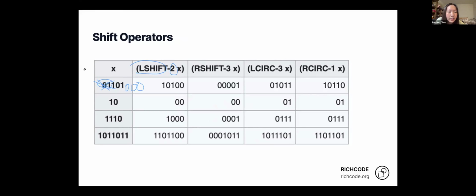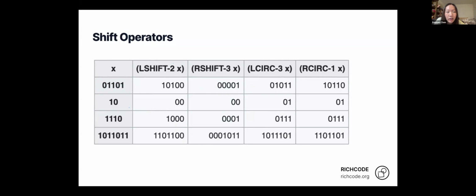And then right shift is the same, but instead we do it with the right binary digits. So for example, here in right shift 3 of 01101, we would take out the right 3 digits and add 3 zeros in front. And then if it was 2, we would take off 0 and 1 here and add 2 zeros at the front.